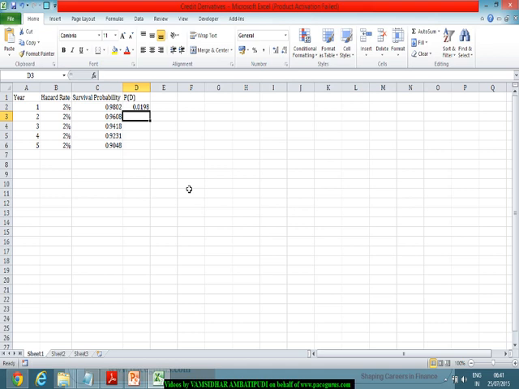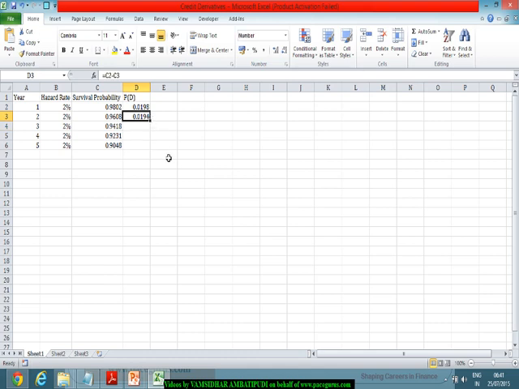In the same way, the probability of default in the second year alone is the difference between these two, because this is the survival until the first year and this is the survival until the second year. So the chance of default during the second year is the difference between the two. From here onwards I'll take this number minus this.